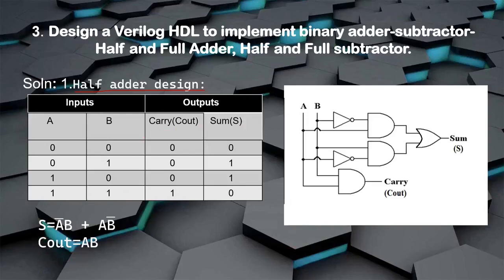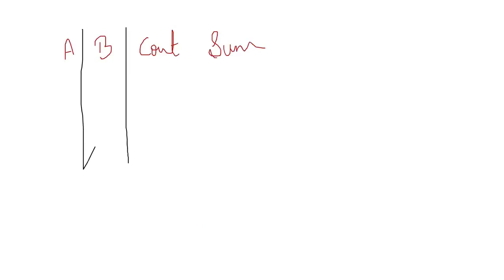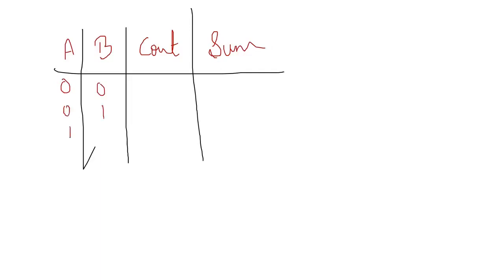Let me explain how to write the table. As I said earlier, A and B are the inputs, then carry out and sum are the outputs. The combinations are 0 0, 0 1, 1 0 and 1 1.